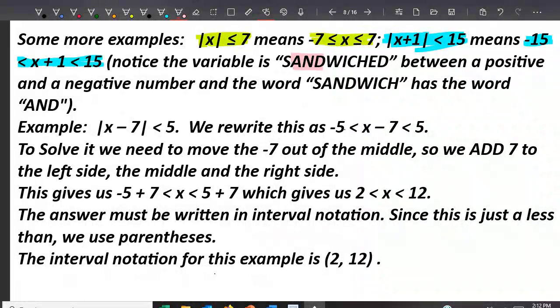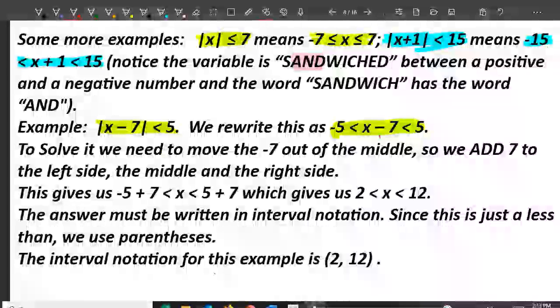All right. Here's another example. We've got X minus 7 is less than 5. So when we set it up, this is what it looks like. Now we're going to solve it just like we did in the past. We've got to get rid of that 7 from the middle. And in order to get rid of it, we have to add it to both sides.